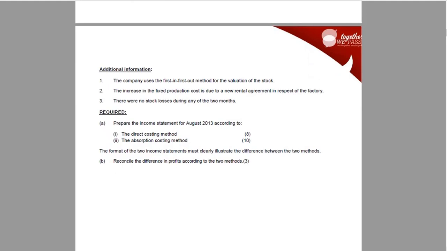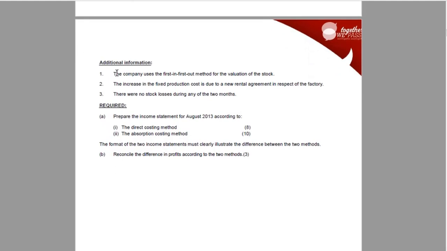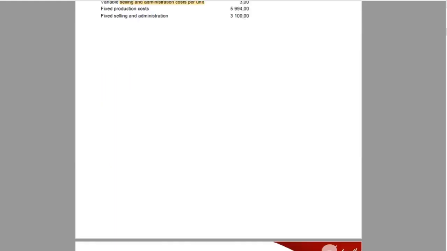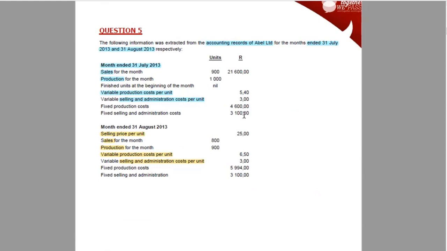Let's go to the additional information. The company uses the first in, first out method to value their stock. Remember, last time when we did the question, they were using weighted average, but here they're saying first in, first out. Here they're telling you the increase in fixed production cost: last month it was 4.6, but now it's 5.9.